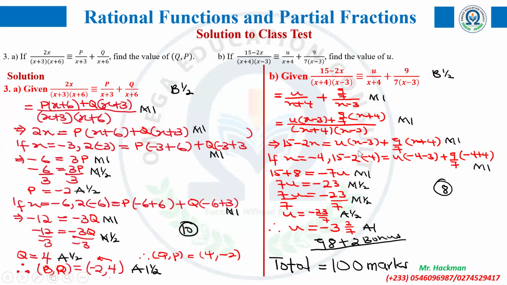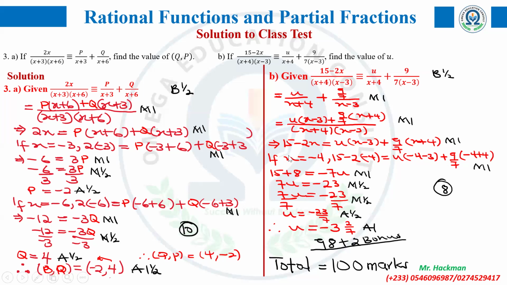Here, I'm looking for u. So once I'm looking for u, I have to cover this, because if I cover this, the u will go. Someone can even substitute any value for x and any value for s, and deal with algebra in terms of only u and some constants.